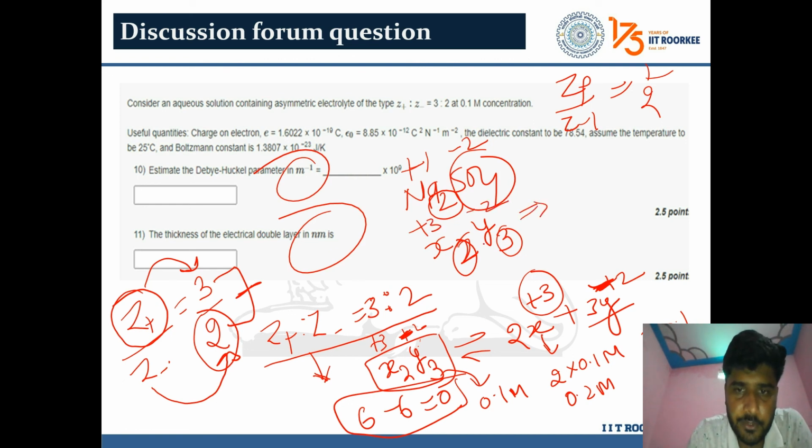Calculate the overall charge: 2 into 3, that is plus 6, and 3 into minus 2, that is minus 6, so it will be neutral.